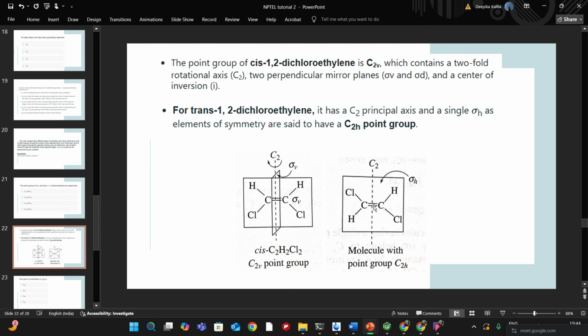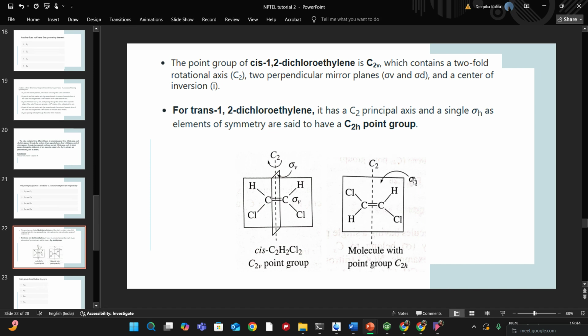But the plane of symmetry which is present will be contained on the plane of the screen, which will be perpendicular to the principal axis. I hope you are able to visualize the principal axis in the molecule. So that principal axis will be perpendicular to the plane of your screen.